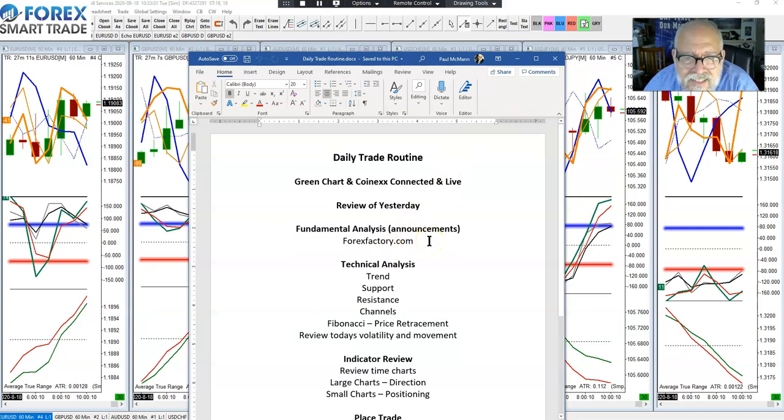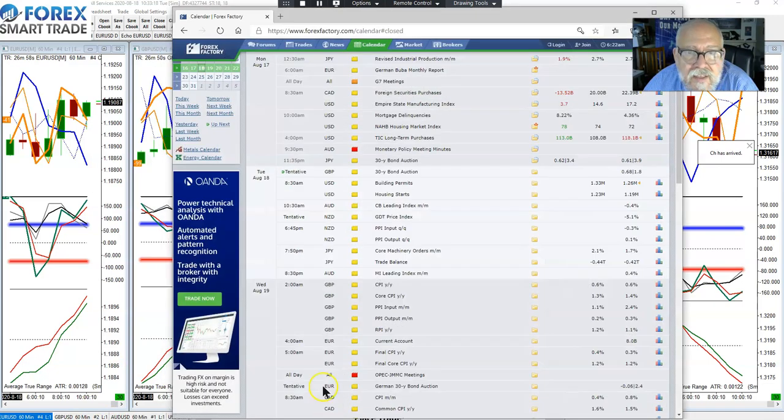Fundamental analysis. We are technical traders. Because we are technical traders, we want to stay away from items that might impact the currency pair because of news. So we follow a feed called Forex Factory.